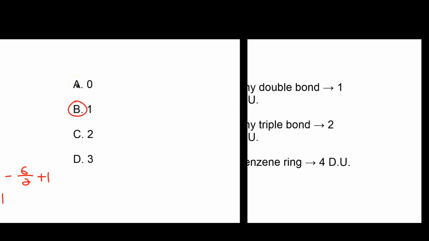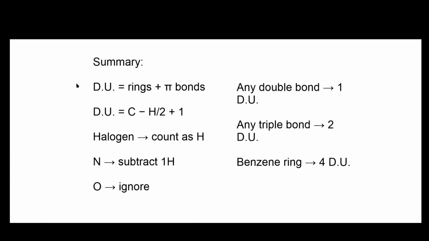To summarize, degree of unsaturation counts the number of rings and pi bonds. Use degree of unsaturation equals carbon minus hydrogen over 2 plus 1. Count halogens as hydrogens. Subtract 1 hydrogen for each nitrogen and ignore oxygen. Any double bond counts as 1.